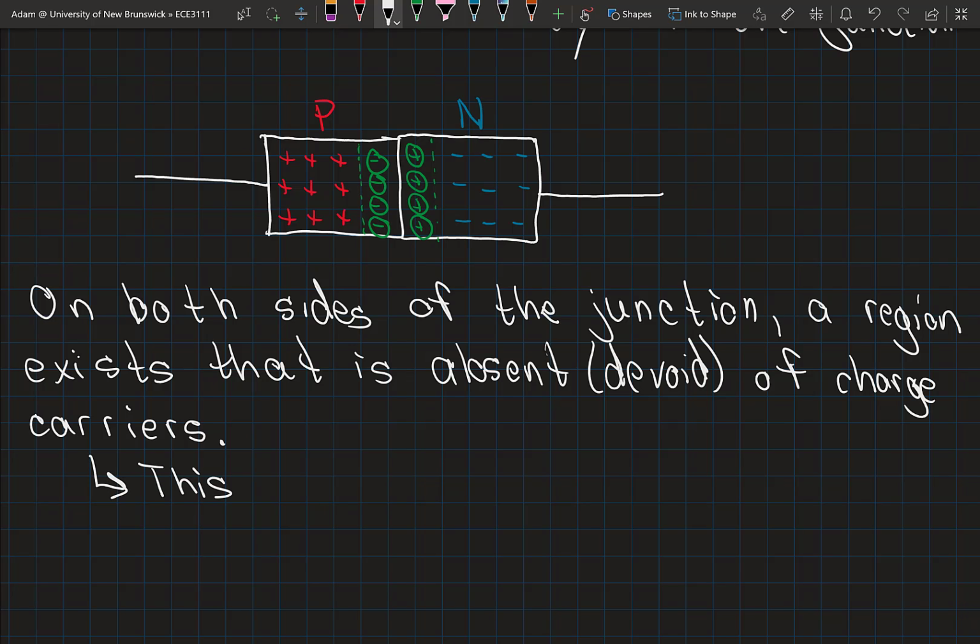This region is known as the depletion region.